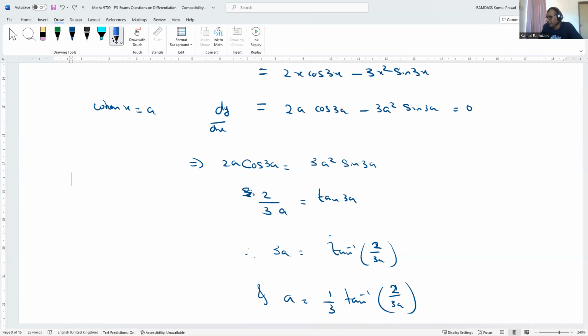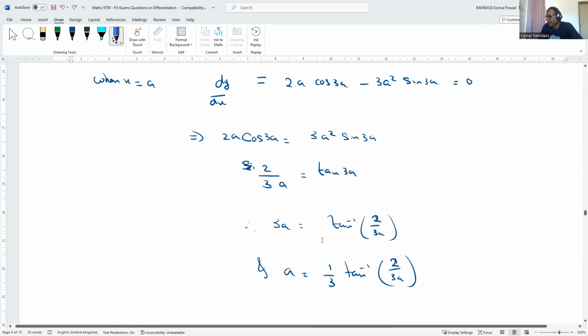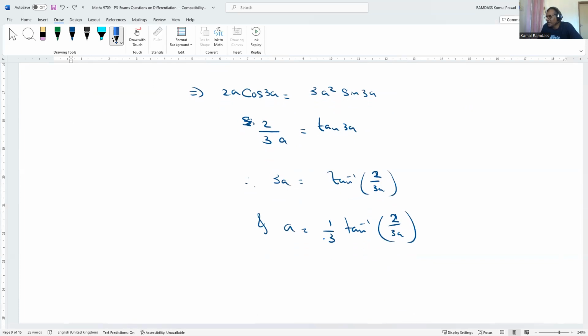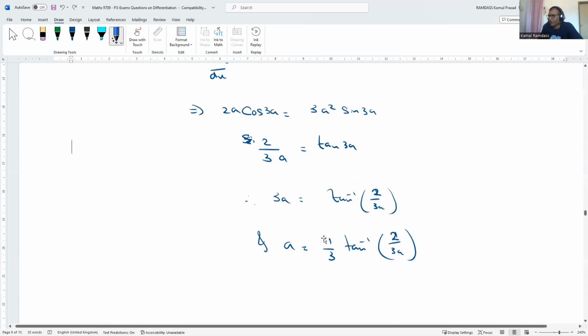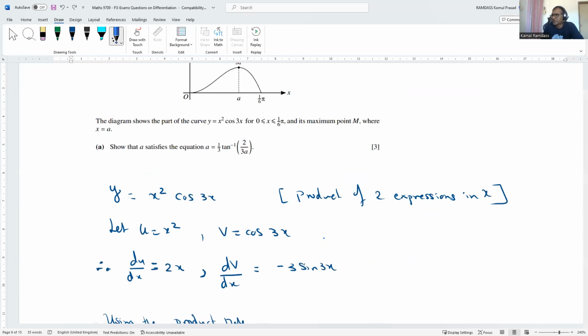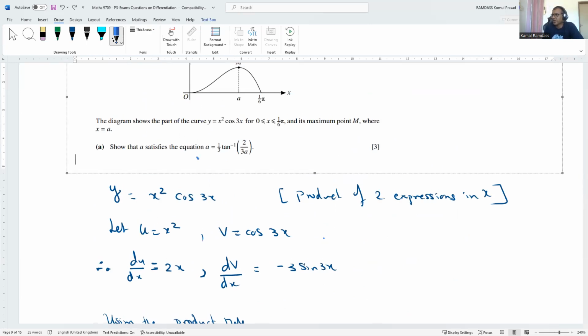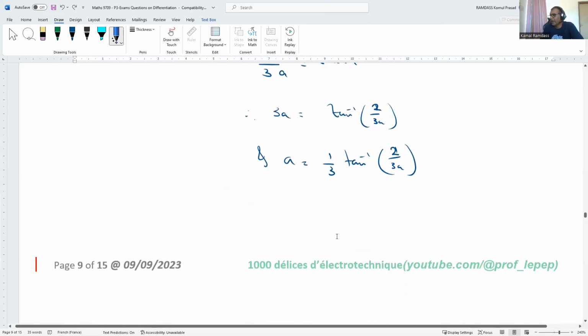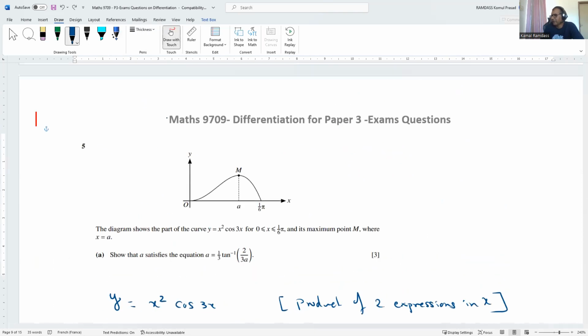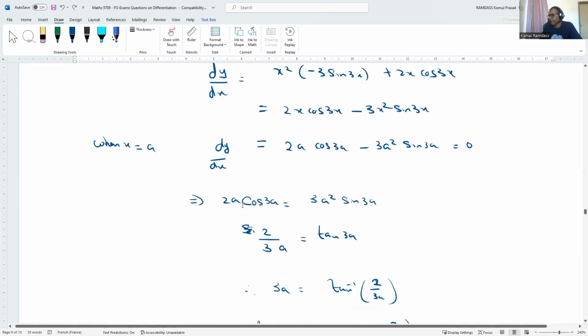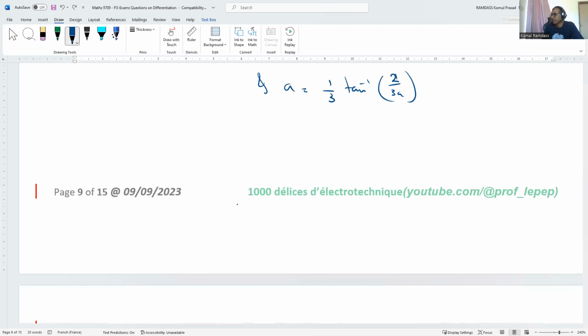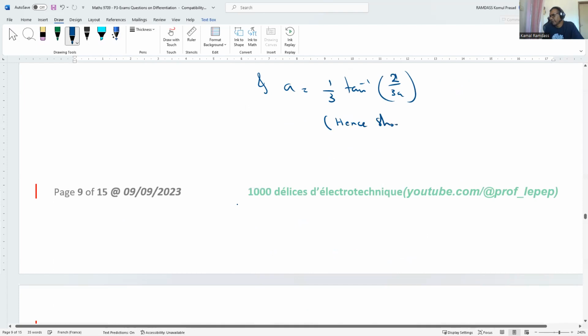So 3A is equal to tan inverse of 2 over 3A. Finally, we get A is equal to 1/3 tan inverse of 2 over 3A. Shown: A satisfies the equation A is equal to 1/3 tan inverse of 2 over 3A. And shown.